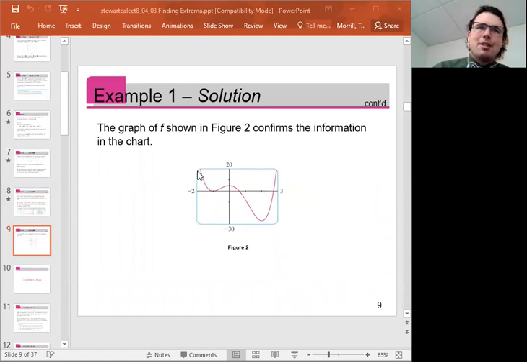So first I have this infinite interval where the function is decreasing, and then it starts to increase for a bit. At 0, it stops doing that and it decreases instead. Then here at positive 2, it starts increasing again, and it will continue to increase for the rest of the positive x-axis.